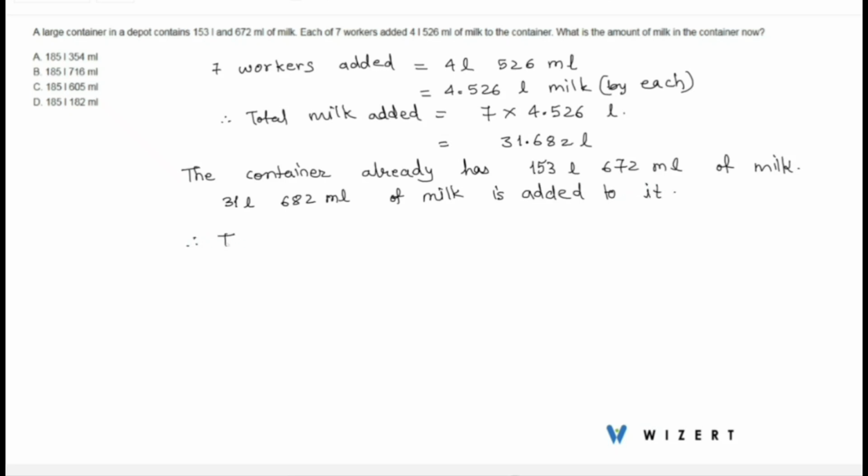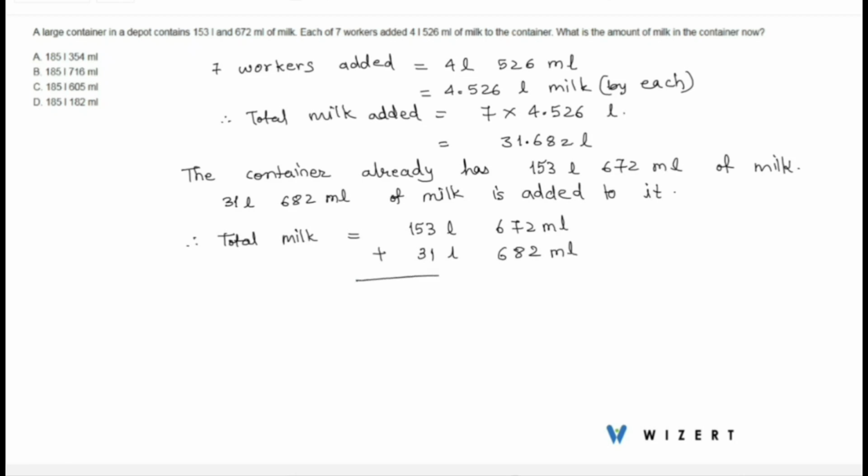Therefore, total milk in container will be 153 liters 672 milliliters plus 31 liters 682 milliliters.